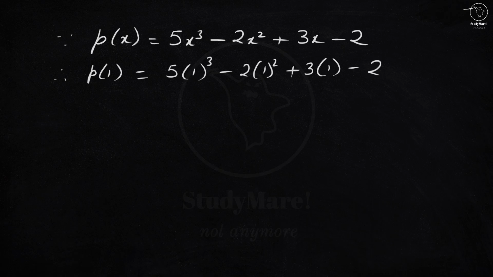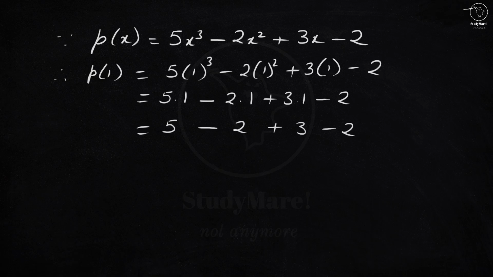Solving it further, we get 5 into 1 cube is equal to 1, so we have 1 here, minus 2 into 1 square which is equal to 1 plus 3 into 1 minus 2, which equals 5 into 1 is 5 minus 2 into 1 is 2 plus 3 into 1 is 3 minus 2.